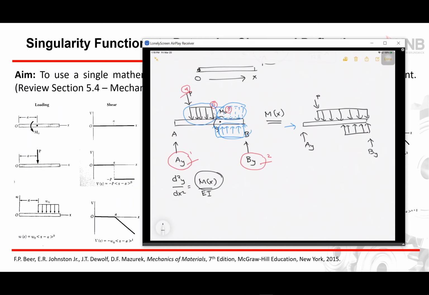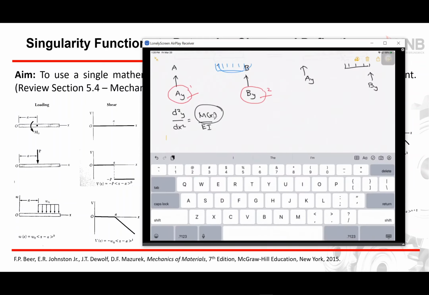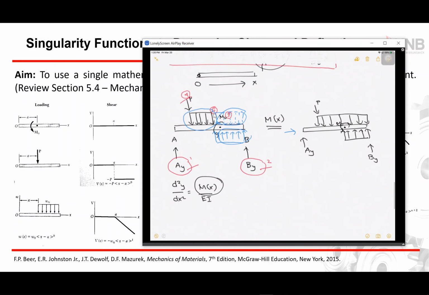And then I have a moment somewhere there. So I think I have the moment right here. So now I could express this loading condition in terms of singularity functions. So I'm going to have 1, 2, 3, 4, 5, and then 6. I'm going to get 6 different terms for my singularity functions. And once I have M as a function of x, I can now use my second order differential equation.